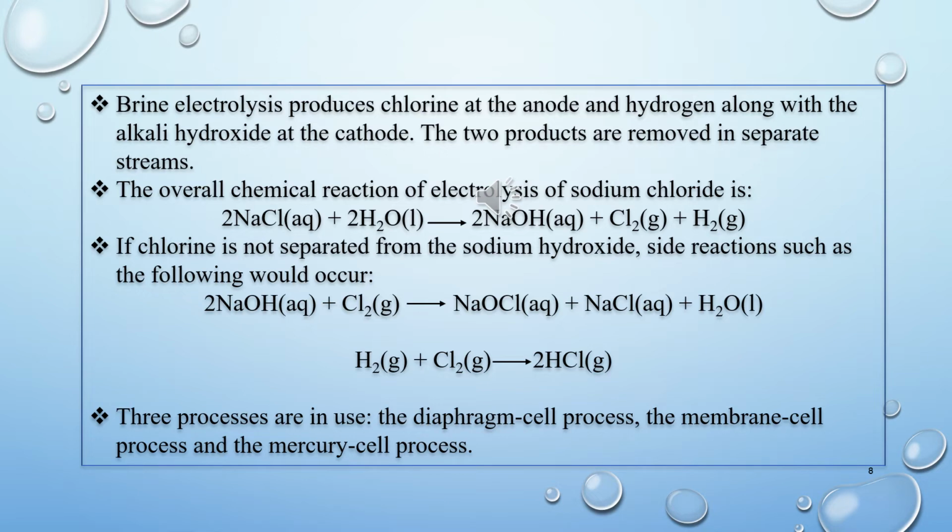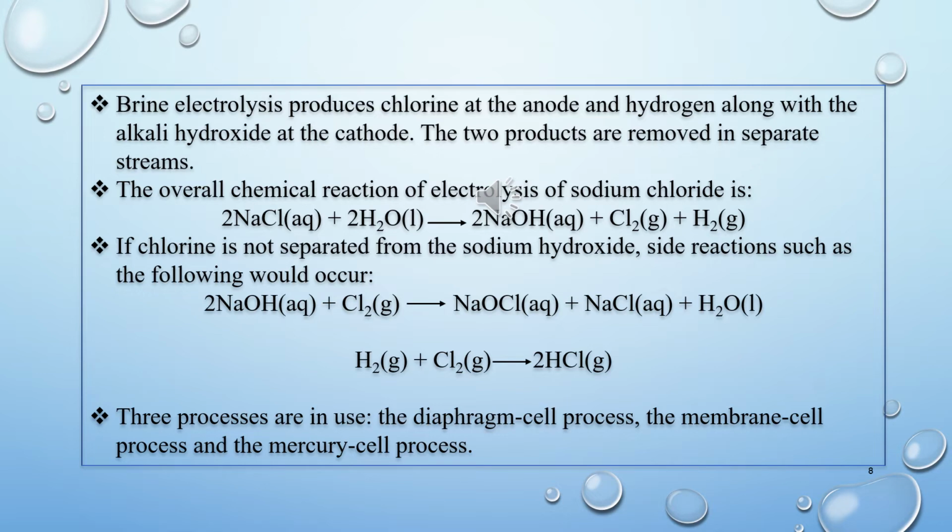In this point, he said that by brine electrolysis, chlorine is produced at the anode, and hydrogen and sodium hydroxide at the cathode. As you know, dear students, chloride has a negative charge, so it will move toward the anode, and hydrogen and sodium have positive charge, and these two will move toward the cathode.